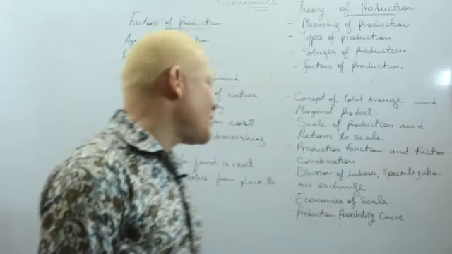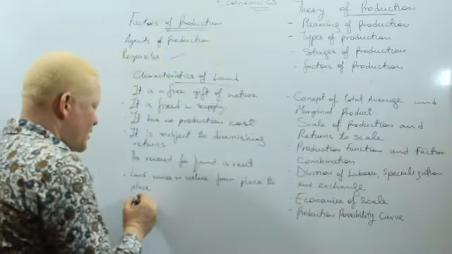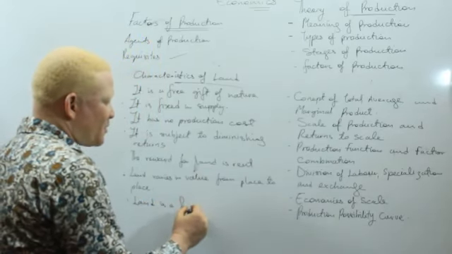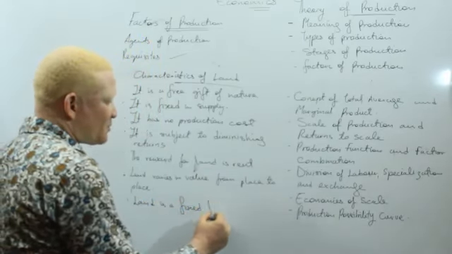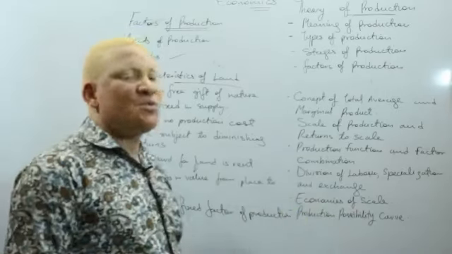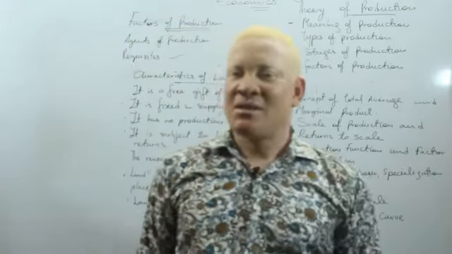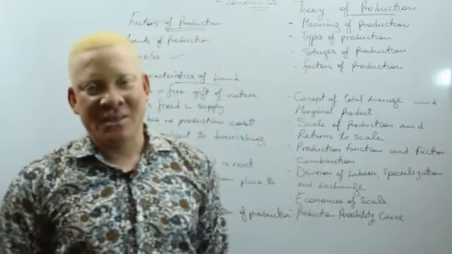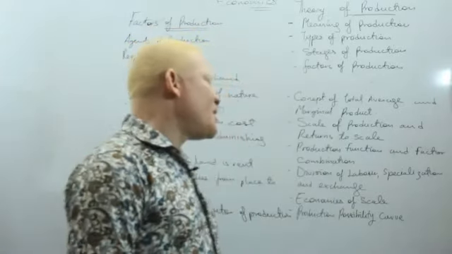Now, the last thing is that land is a fixed factor of production. What that means is that land does not change with the production process. It is fairly stable. In fact, it is almost permanently stable. Now, that is about land.